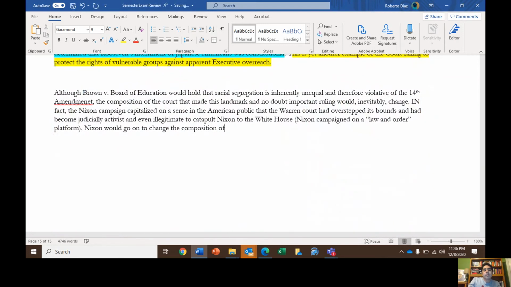Nixon would go on to change the composition of the courts from the engine of social change of the Warren Court to the Burger Court.